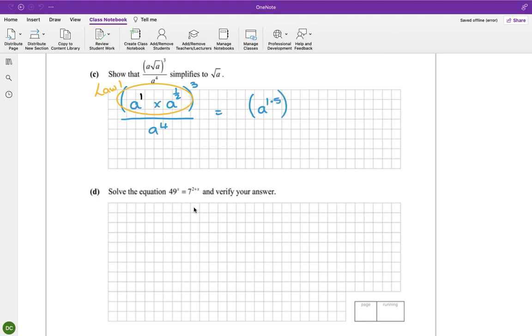And then that's to the power of 3. And that's over A to the power of 4. And then in here, I'm pretty sure it's law 3, where you have power to a power. And when you have power to a power, you multiply. So 3 multiplied by 1.5 is 4.5.